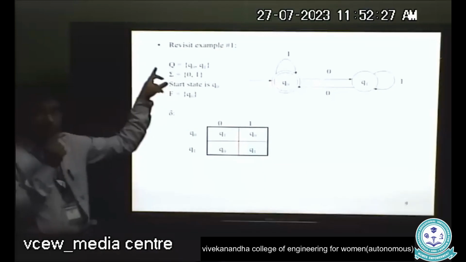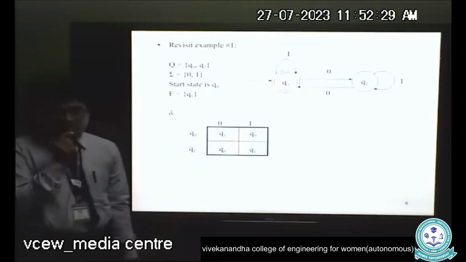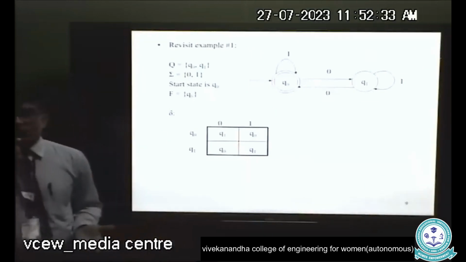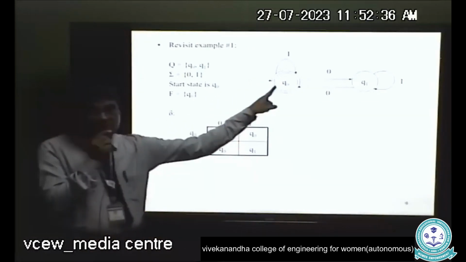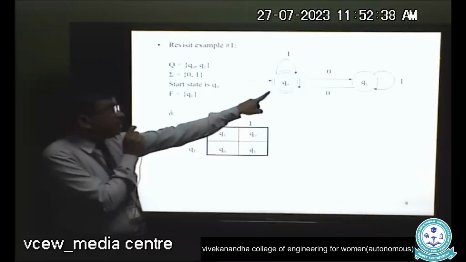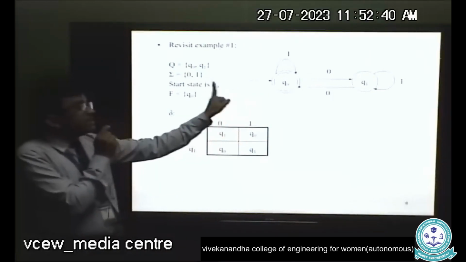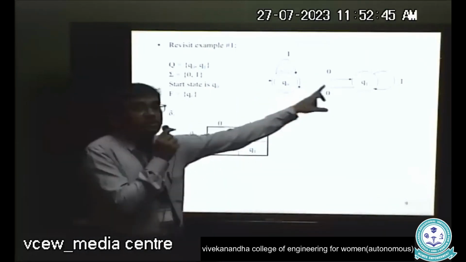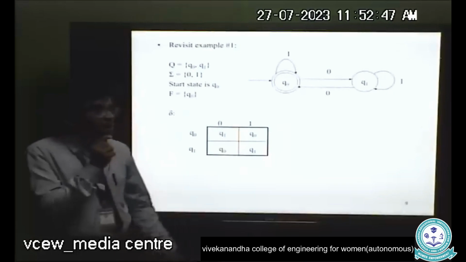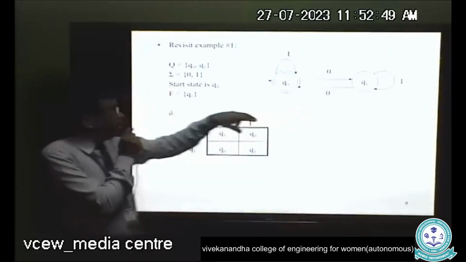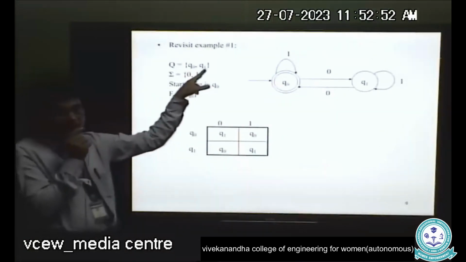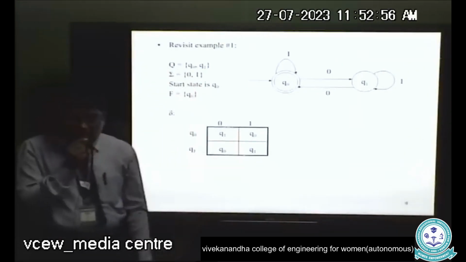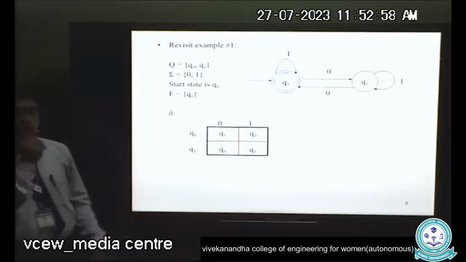As per our concept, Q is the set of states available in a DFA transition diagram. From this example, consider how many states occur in this transition diagram. I think two states are available, Q0 and Q1. So the capital Q consists of Q0 and Q1.